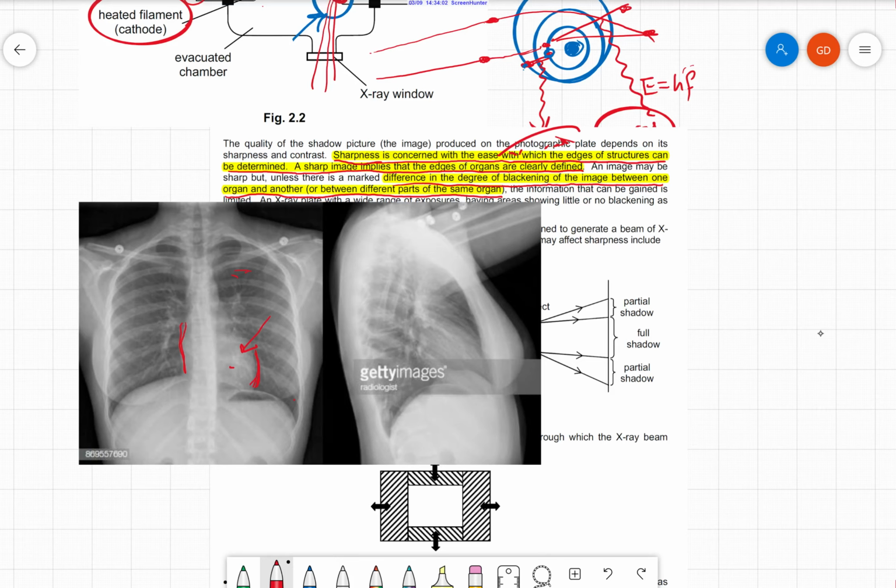Also, we have a lower degree for blood vessels, veins and arteries. Okay, so the point is that we can distinguish organs in the obtained image, also the diaphragm, the different organs.